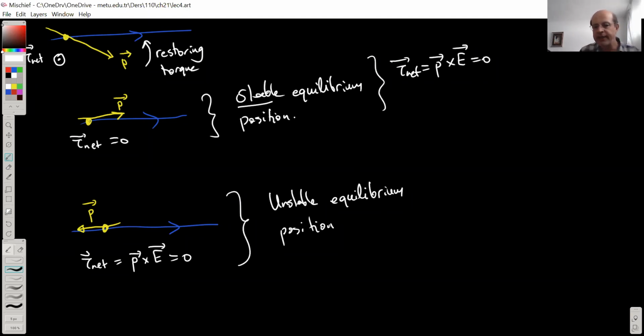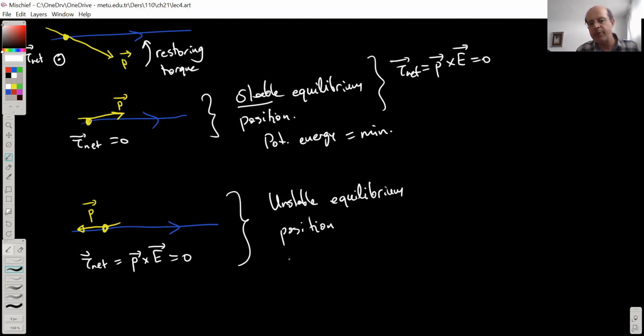Okay, so I think this is one of the important things. From the perspective of energy, potential energy, if you remember that discussion in the previous semester, stable equilibrium positions are the positions where the potential energy is a minimum.